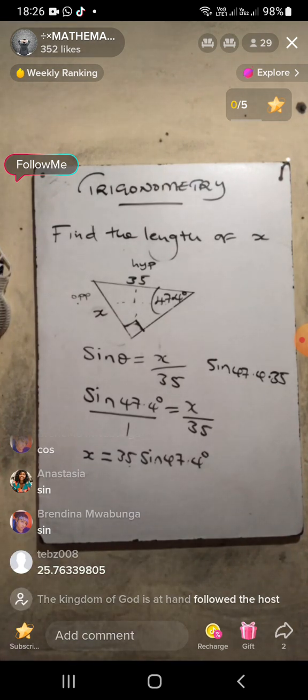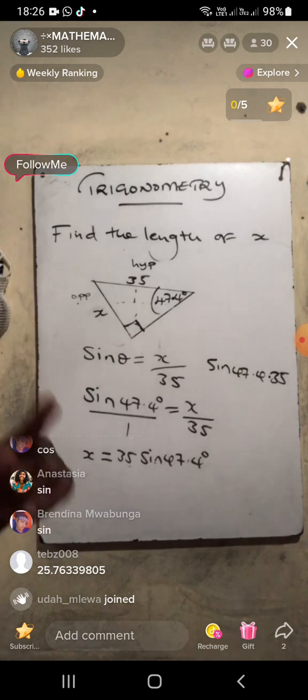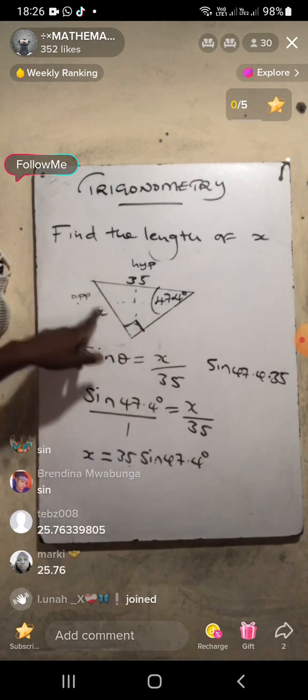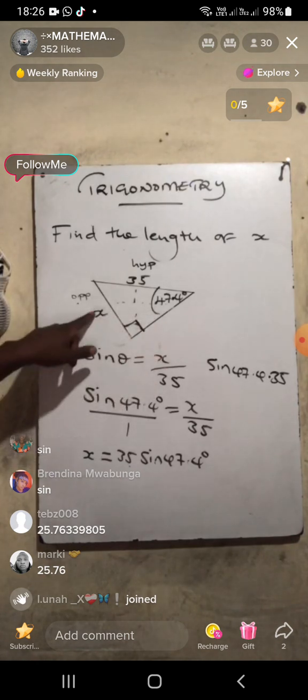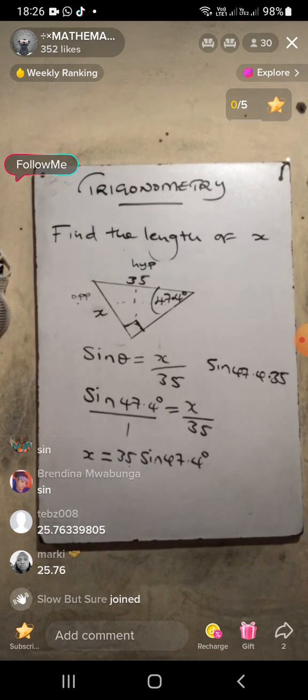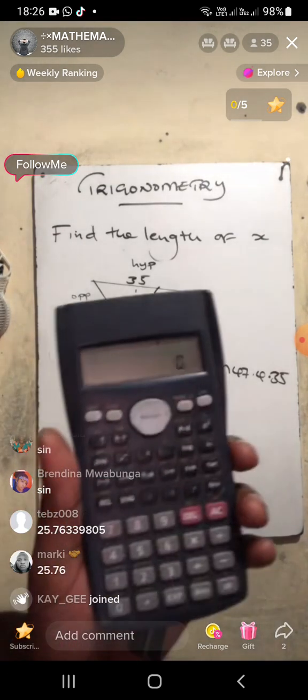And Tebs is saying it is 25.76339805. Yes, it can be the answer, reason being that our hypotenuse is 35, so the chances of us having less than 35 as our side is high. So if you find 25.76339805, you might be right. So let's confirm.